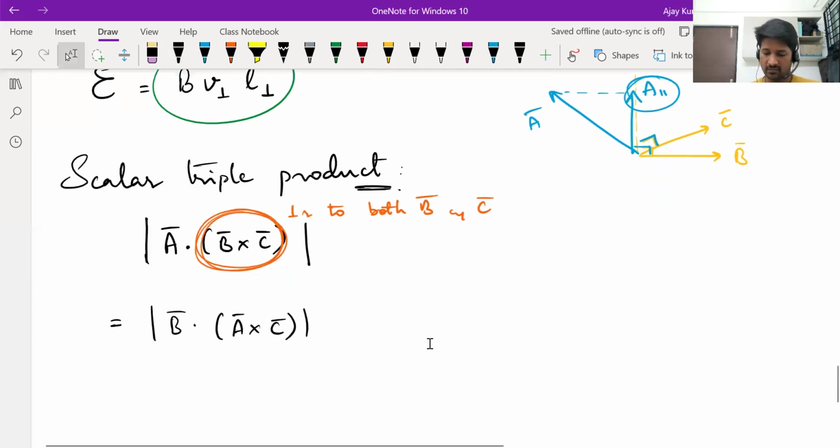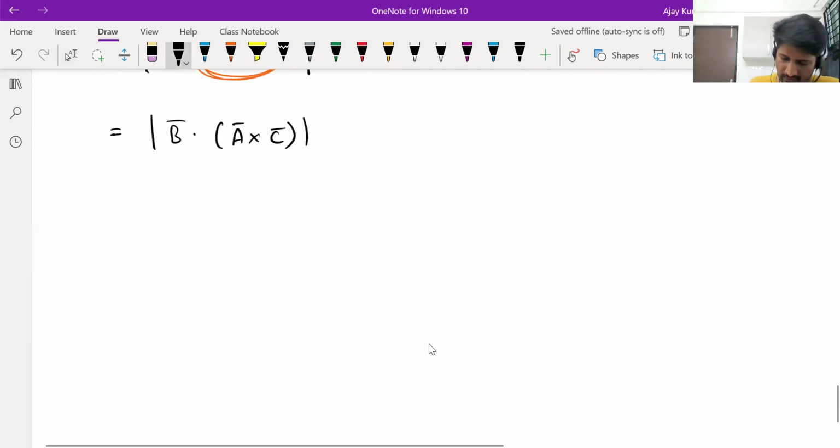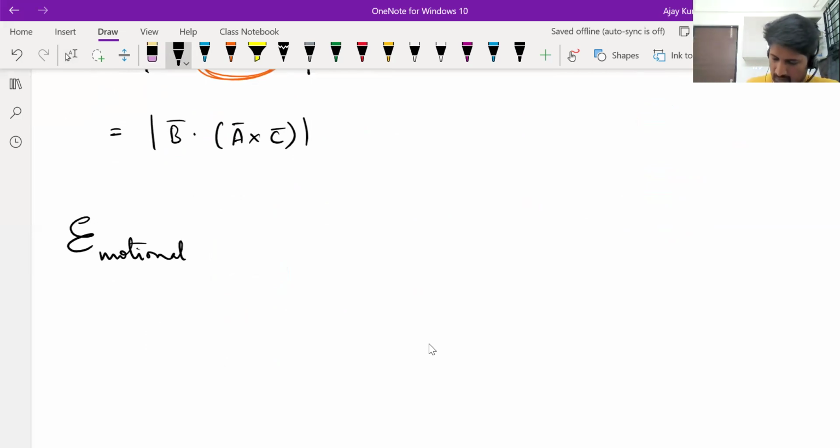So to get motional EMF, which three vectors are important? The magnetic field vector, the velocity of the conductor, and a length vector. Now the length vector, it's a tricky thing. You will be given a conductor. From where to where you have to take the length depends on the problem.